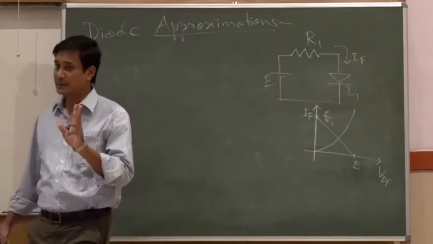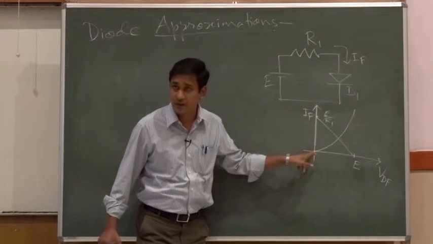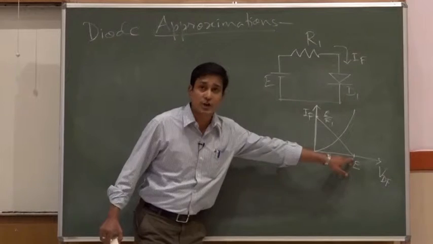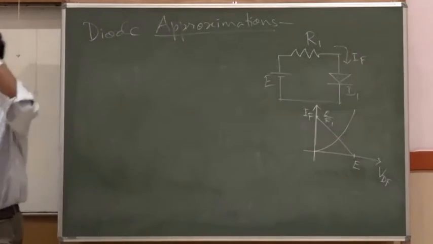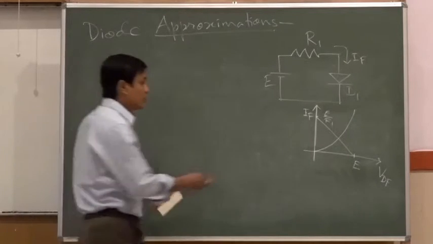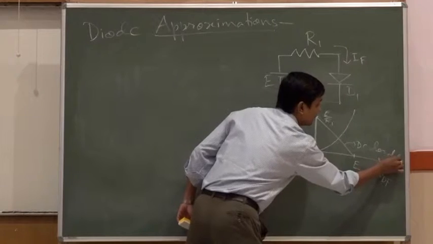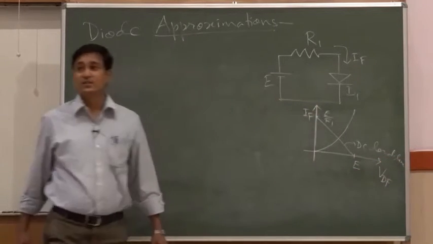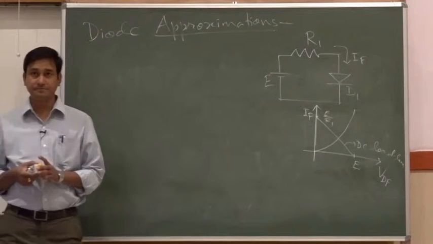These are the two limits we found: maximum current with least voltage drop across the diode, and complete voltage drop across the diode with the current flowing through it being 0. We call this the DC load line, and the analysis we named DC load line analysis or graphical method, as you remember.